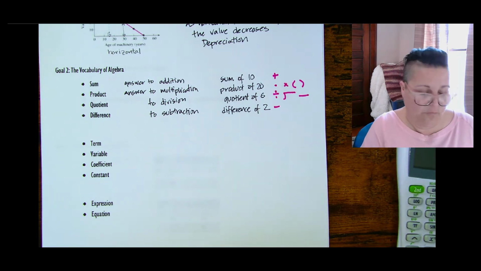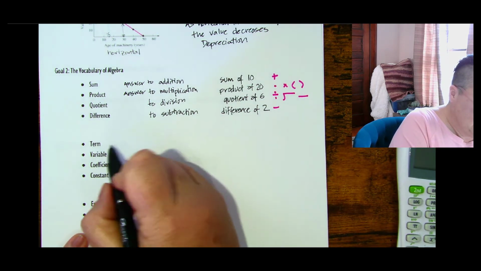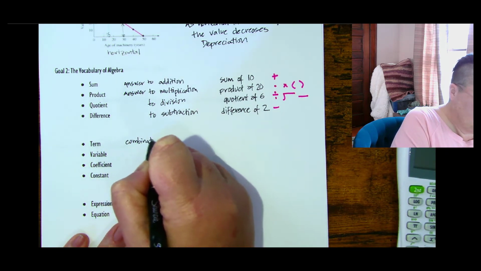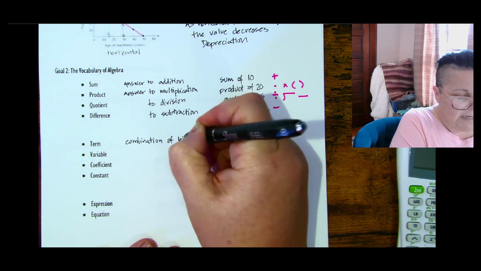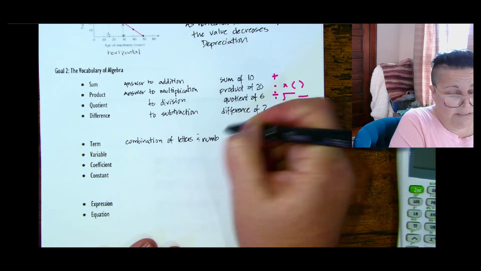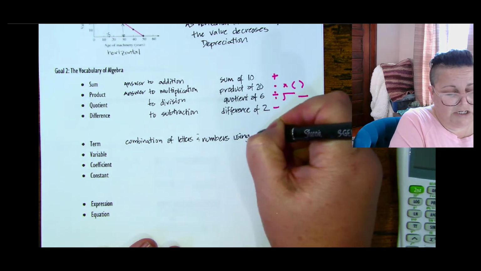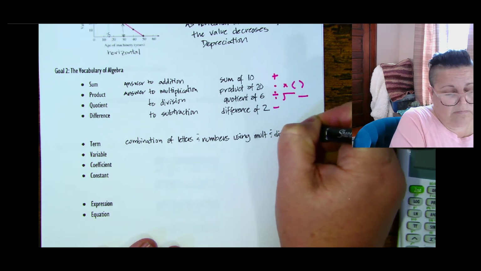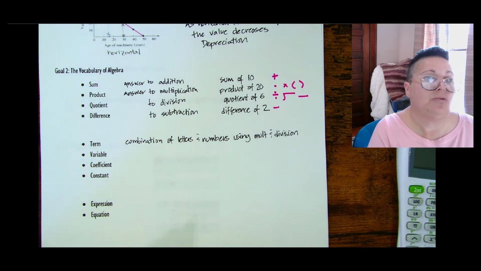Algebraically, we have 4 words here that you may or may not be familiar with. The first is the idea of a term. A term is a combination of letters and numbers held together by multiplication and division. Now, terms are made up usually of 2 different parts.